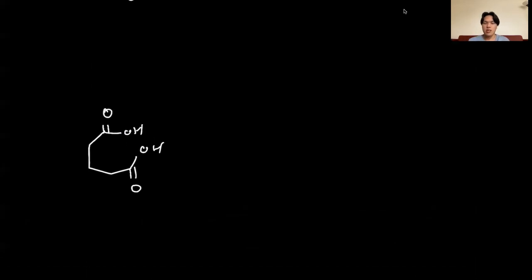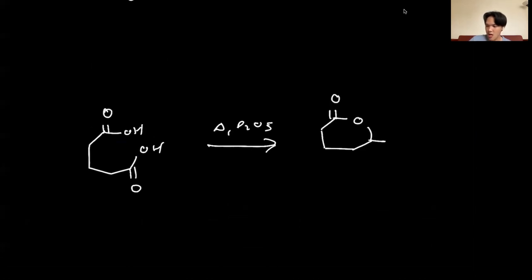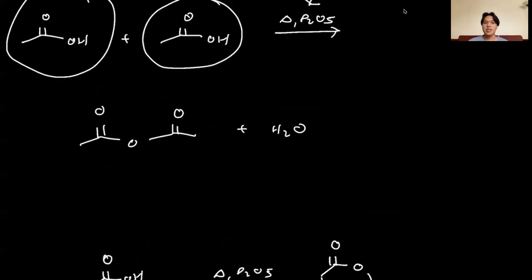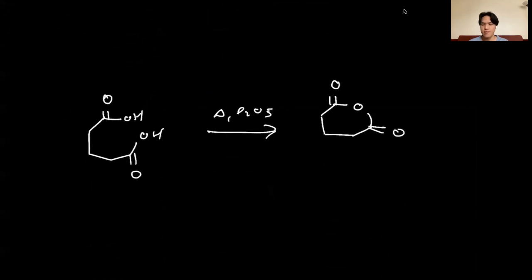And again, you can do the same reaction here with heat and P2O5, and you get this product here. Again, you're just taking away these two H's over here, putting the O's together, and keeping everything the same, right? It does look different from what we did up here, but it's the same concept, right?